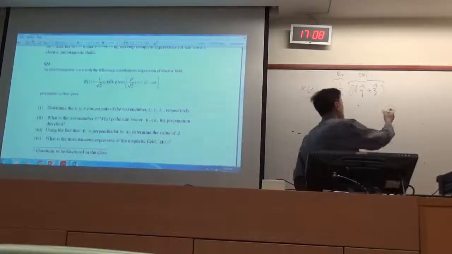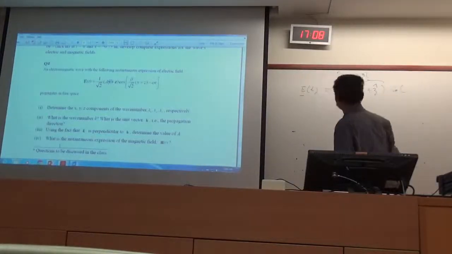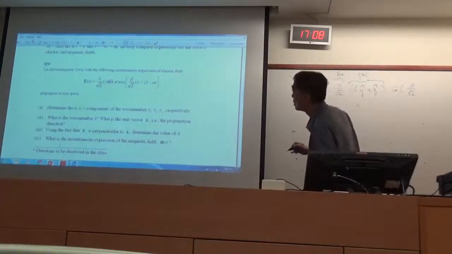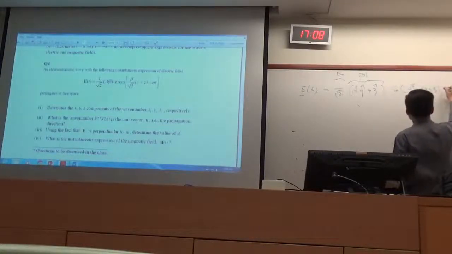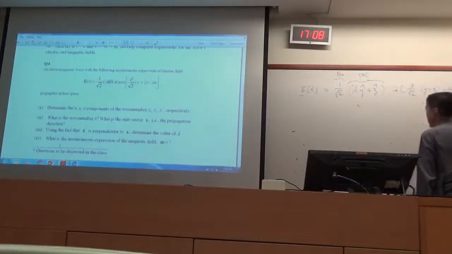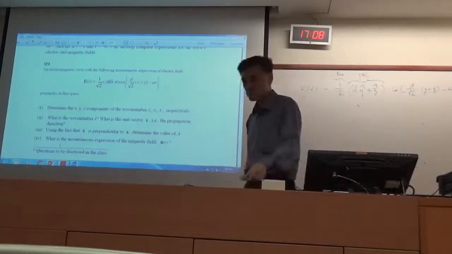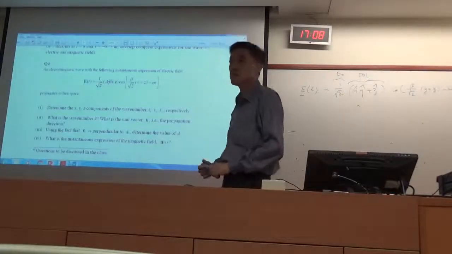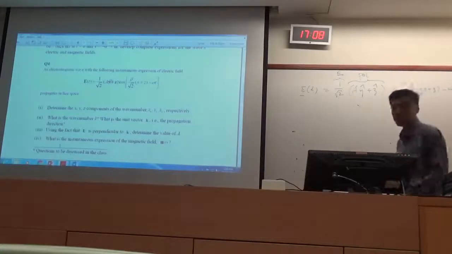Cosine of beta over square root 2 (y plus z) minus omega t. That should not be like this. But this is easy because this is cosine, this is not sine.